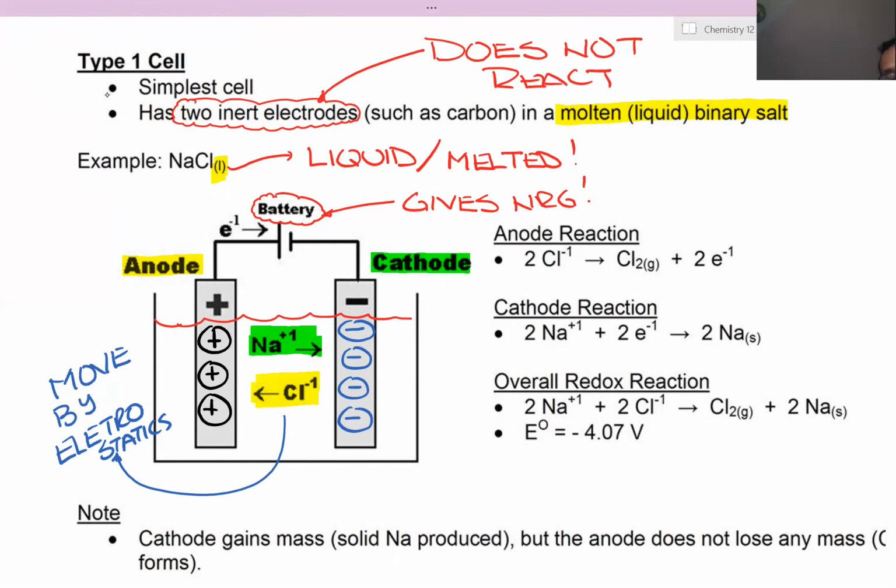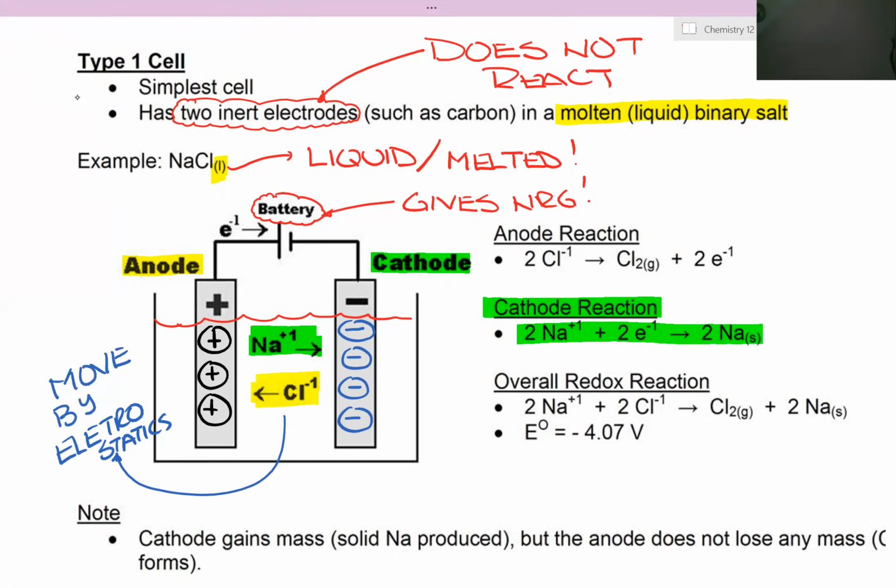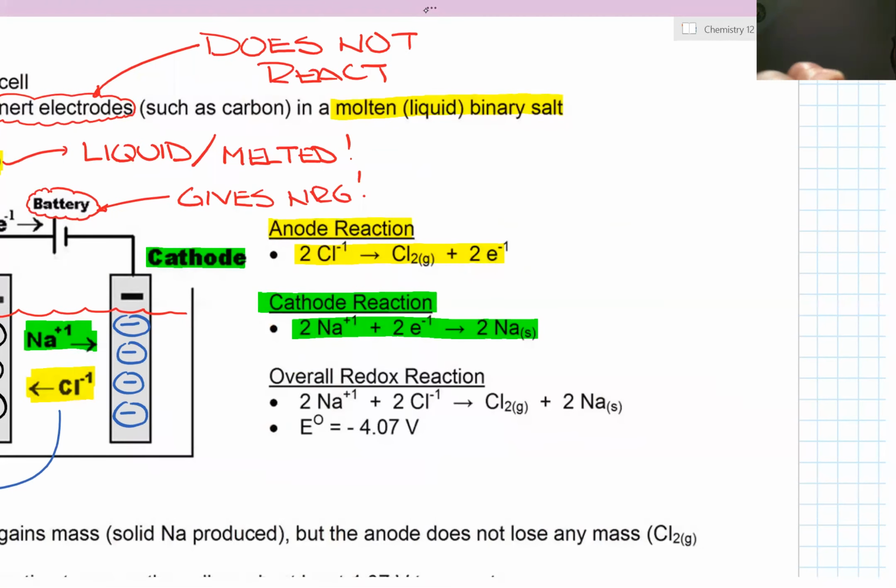It has no choice because there are electrons, and so what you get is sodium solid. Because the chlorine is attracted to the positive end, it has no choice but to give up electrons. Okay? So these reactions have no choice.